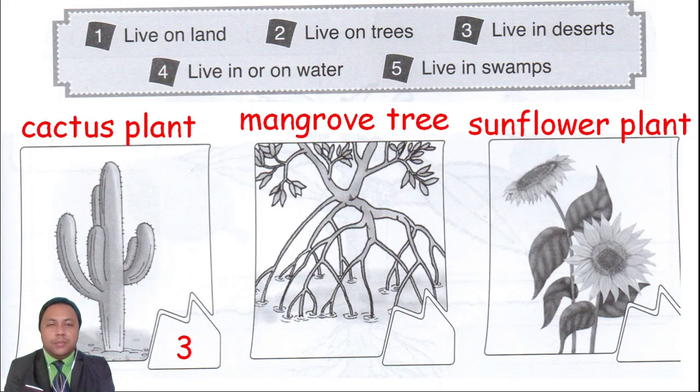It lives in number 3, live in deserts. Okay, next, mangrove tree. Where does a mangrove tree live? It's number 5. It lives in the swamps. And sunflower plant lives on land.